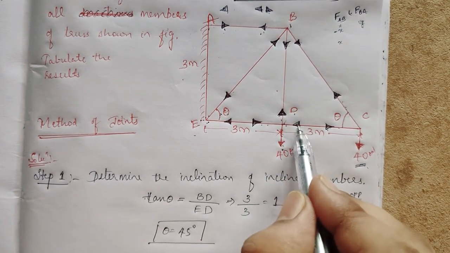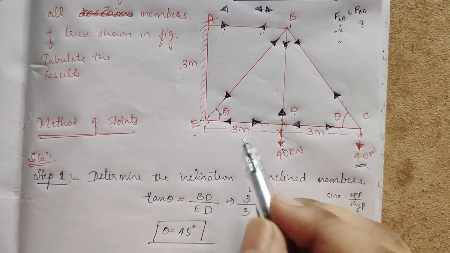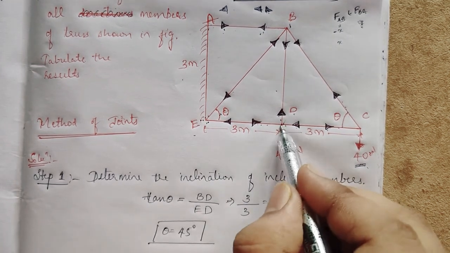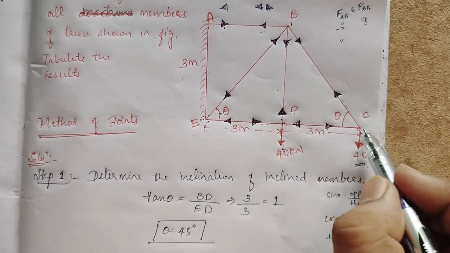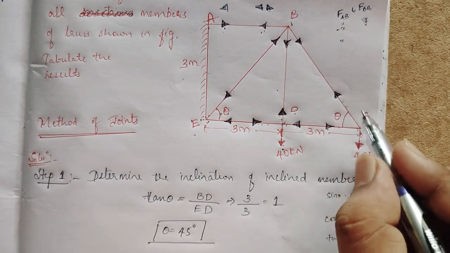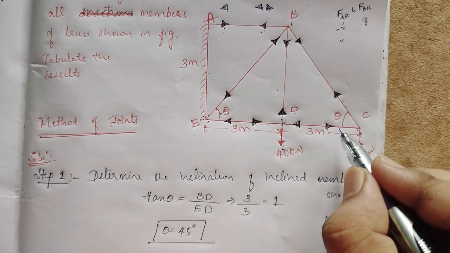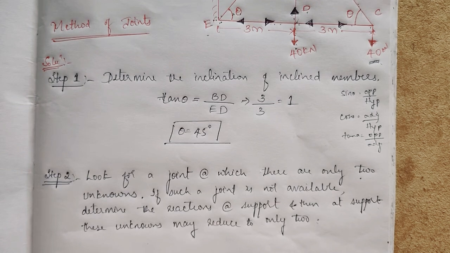This will be known in opposite direction, so 1 2 will be known, 3 4 will not be known, so we can find D. Like this we are correspondingly going. So now I'll take C. Why am I taking C? Because here we have 3 forces, one is known and 2 are unknown, so 2 unknowns, right?